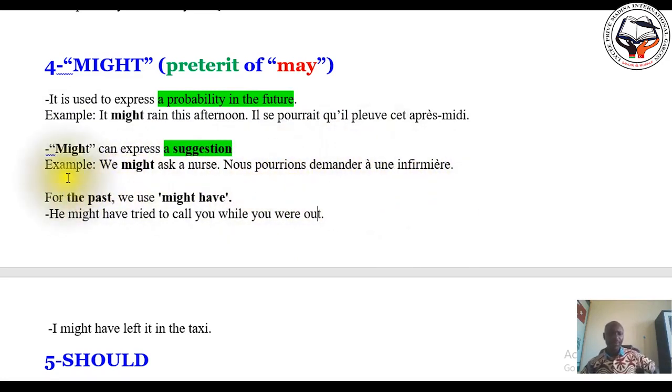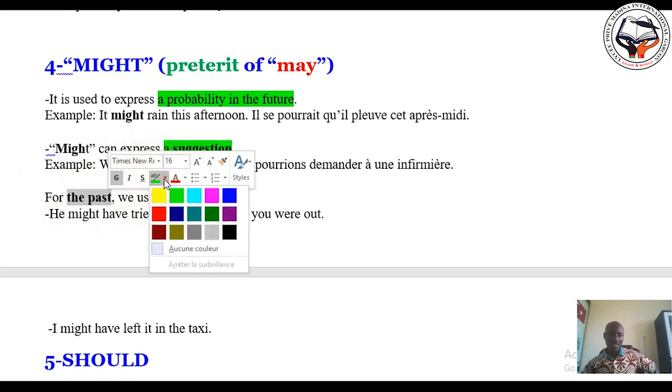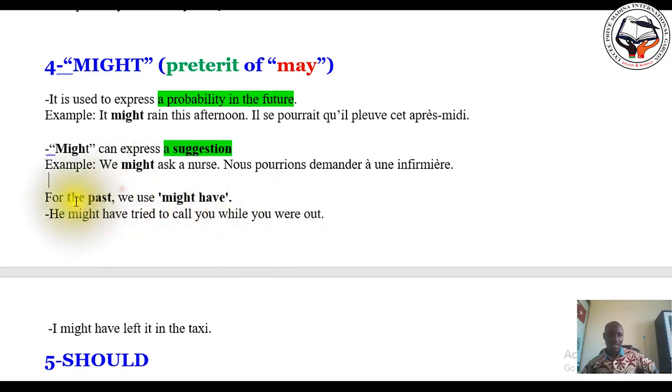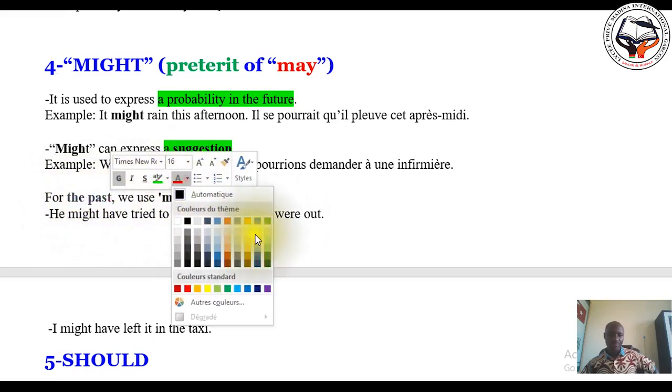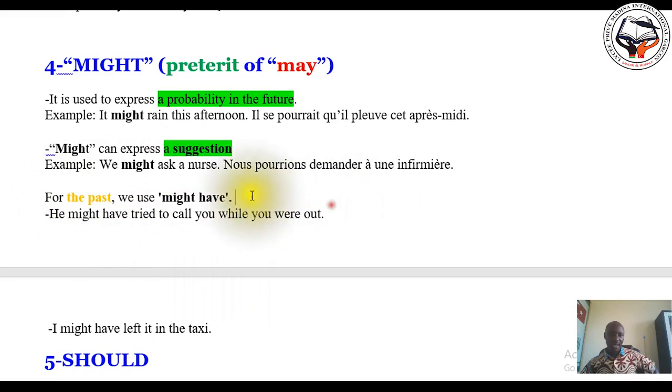Okay. For the past, we use might have. For the past we use what?